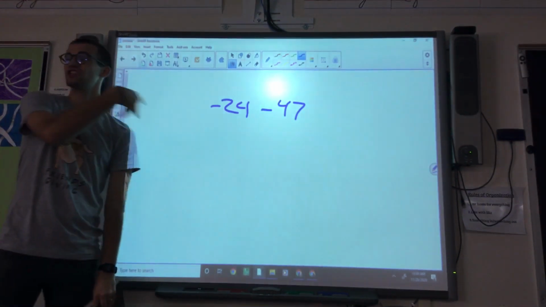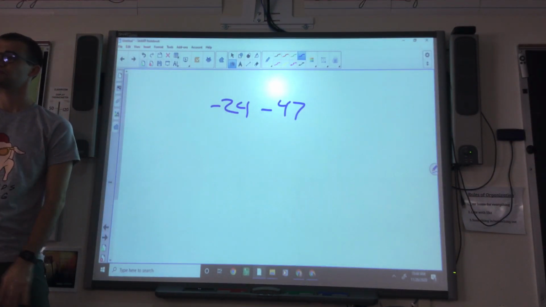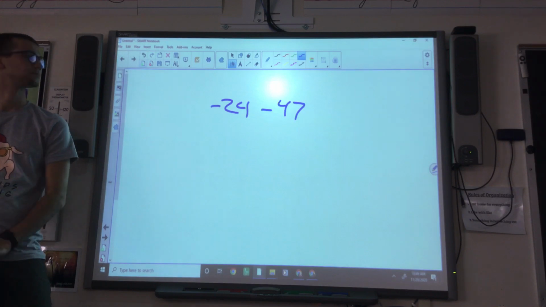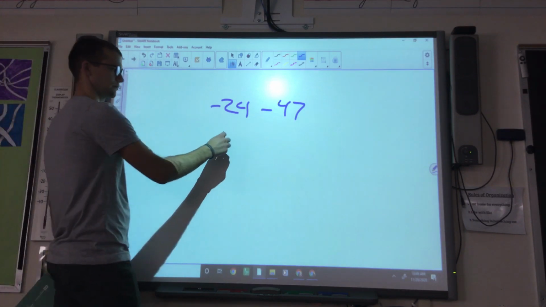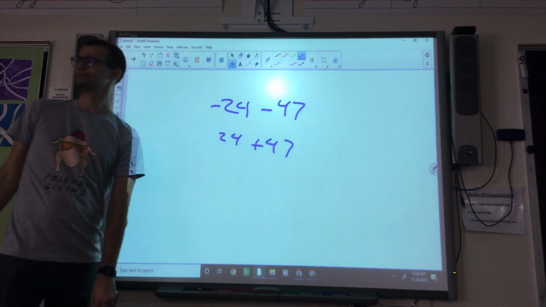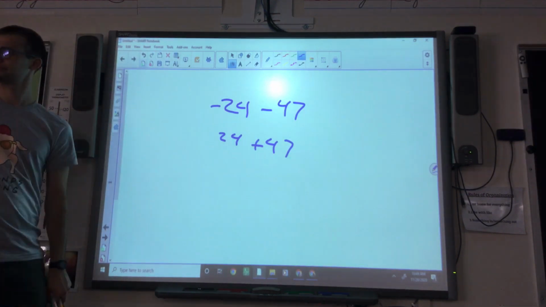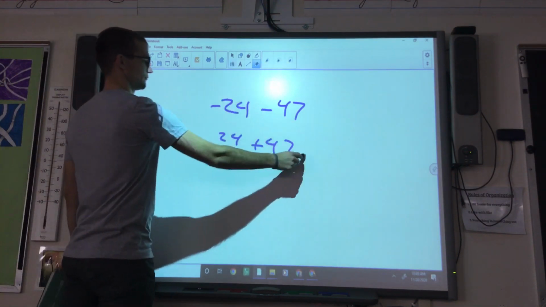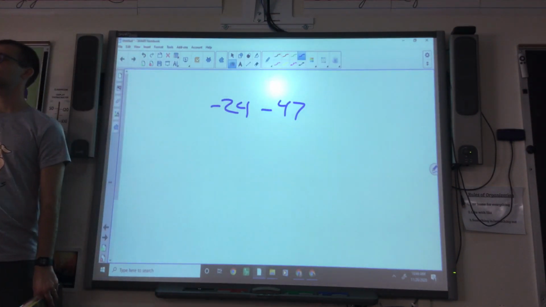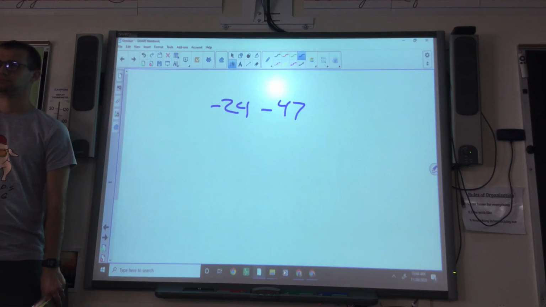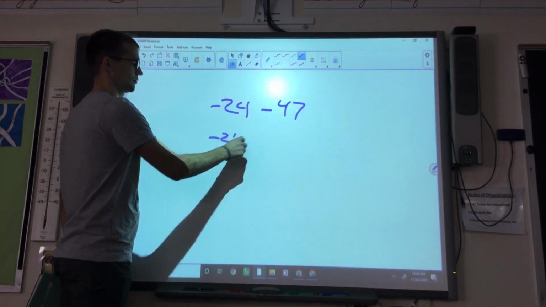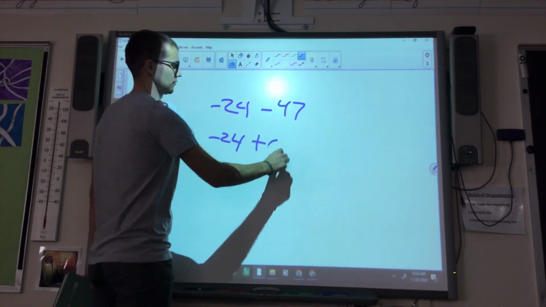If we're going to change this into the way that we're doing it for this section, we would do what? It'd be negative 24 plus negative 47.